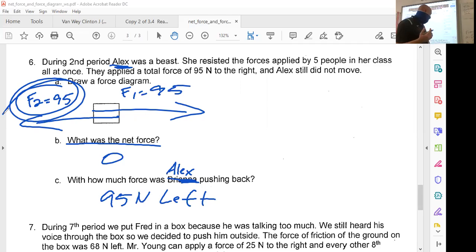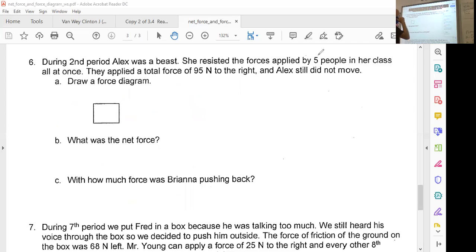The big story here, guys, the thing that we need to make sure we know how to do, is we need to know how to draw a free body diagram. If I tell you what the forces are, I tell you 95 to the right, you need to be able to go, that's the hard part. Okay?